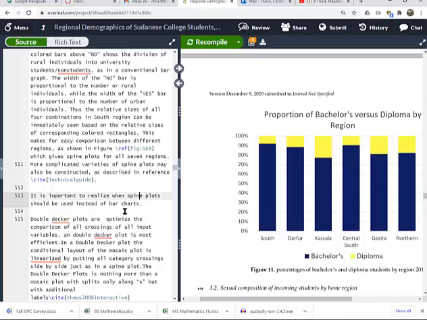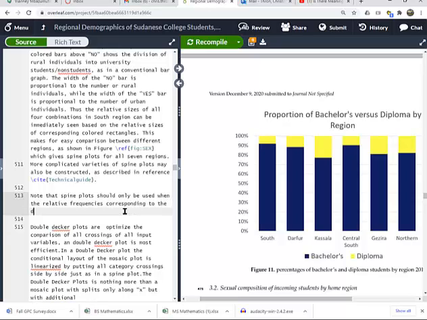Note that spine plots should only be used when the relative frequencies corresponding to the different bar variables are meaningful.